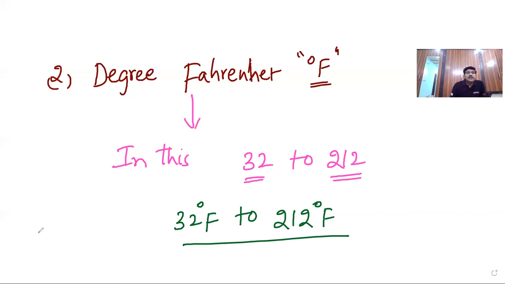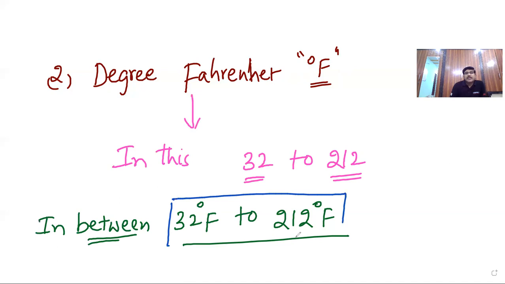The scale in between 32 Fahrenheit to 212 Fahrenheit is used when you go for degree Fahrenheit.